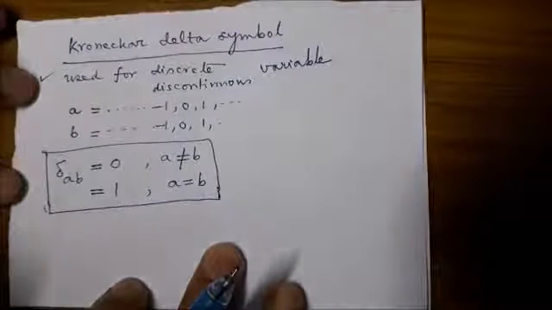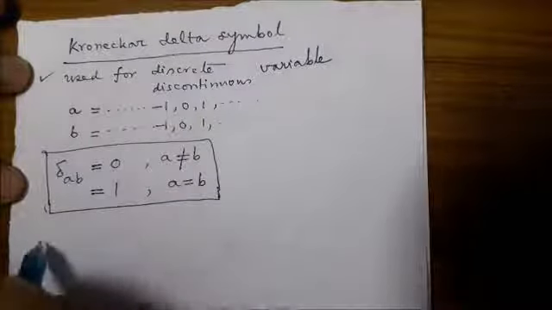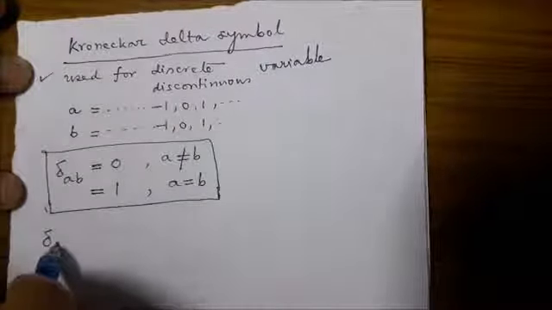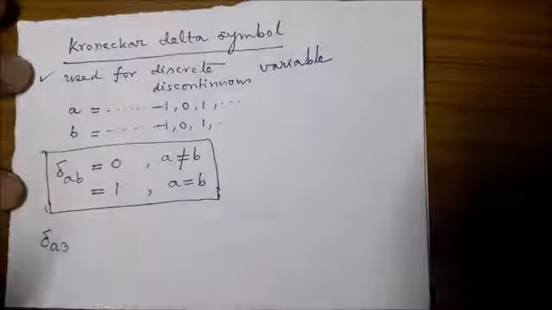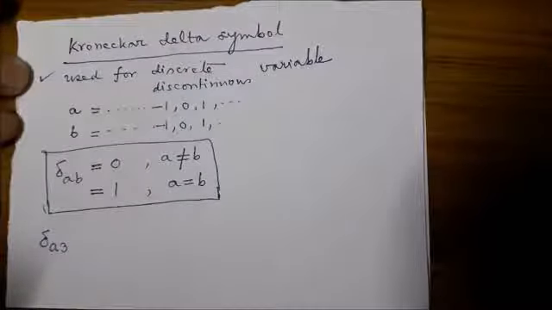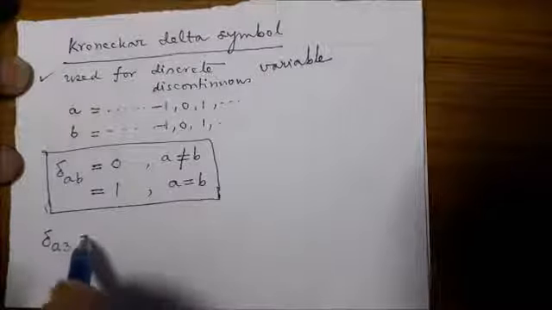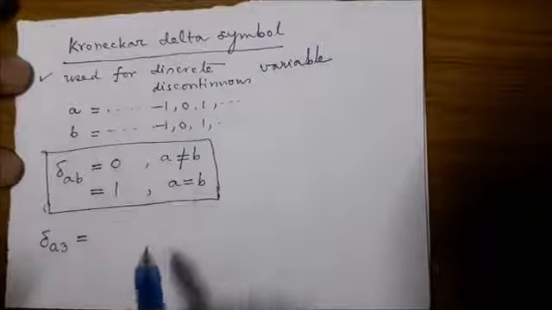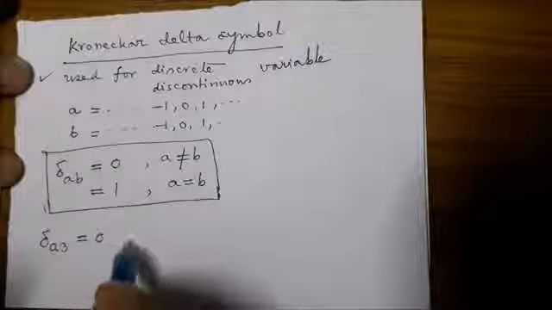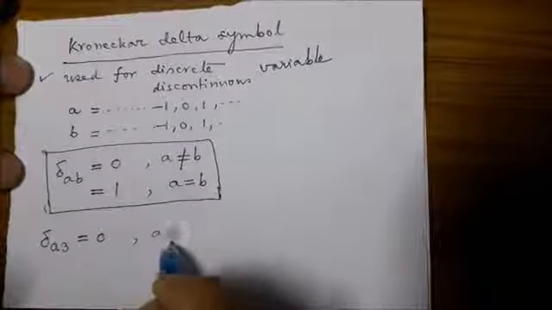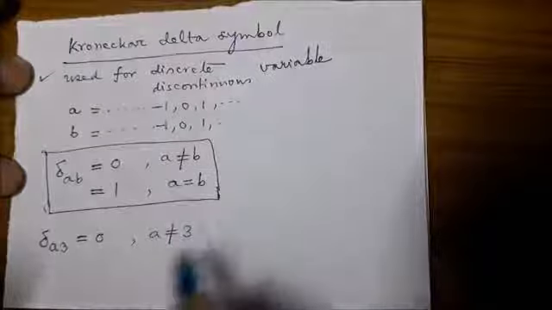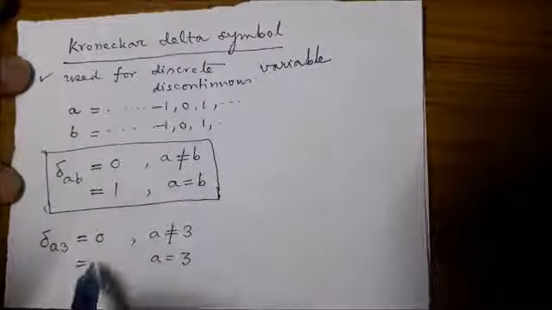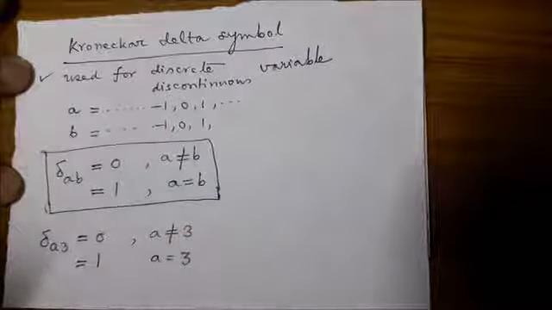Let us give an example. Kronecker delta A3, what will be its value? Obviously, as per this definition, it will be 0 if A is not equal to 3. But if A happens to be equal to 3, then its value is 1.